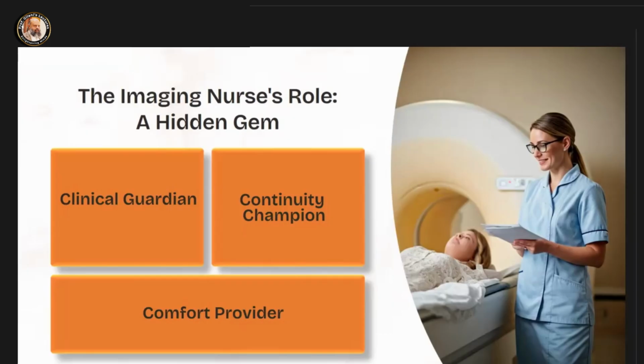If we talk about clinical guardianship, imaging nurses ensure patient safety through comprehensive assessment, monitoring during procedures, and management of contrast media and radiation exposure risks.